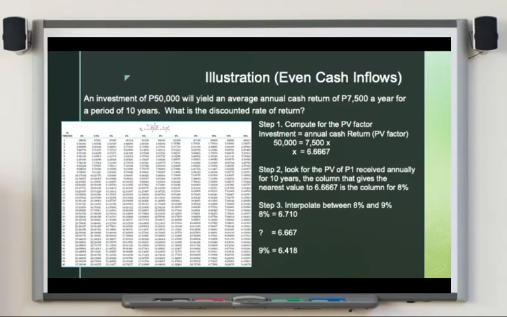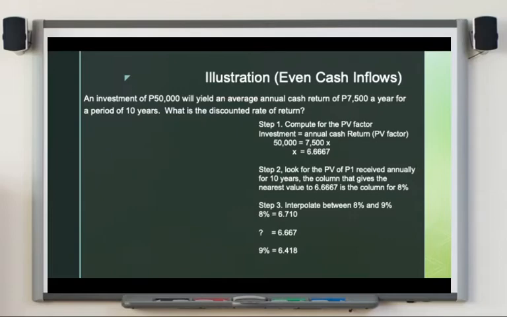So before I show you the table, the first step is to compute for the estimated present value factor by simply using an algebraic method that equates investment or net investment with the annual cash return.